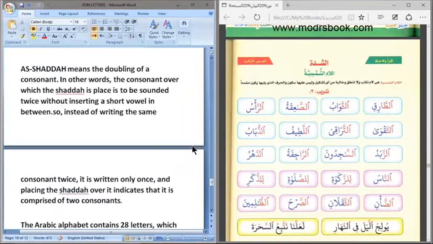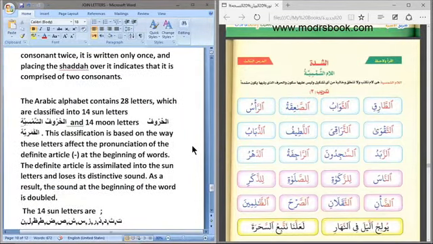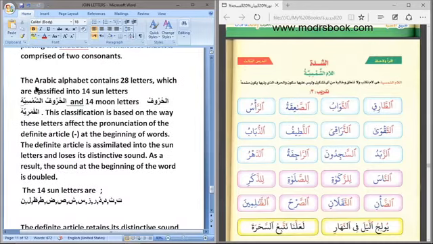In this part, I've explained some part of it. I said here that the Arabic alphabet contains 28 letters, as we all know, which are classified into two parts. We have the 14 sun letters and the 14 moon letters.